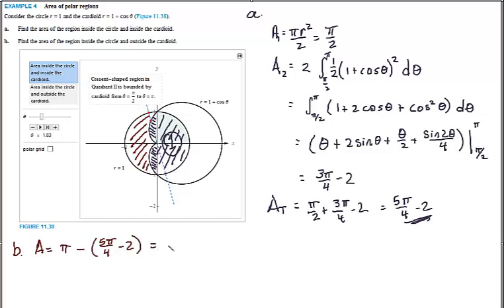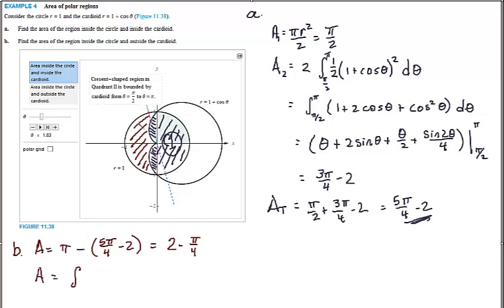Doing my manipulation on this, that would be 2 minus pi over 4, and that would be a great way to go about this.